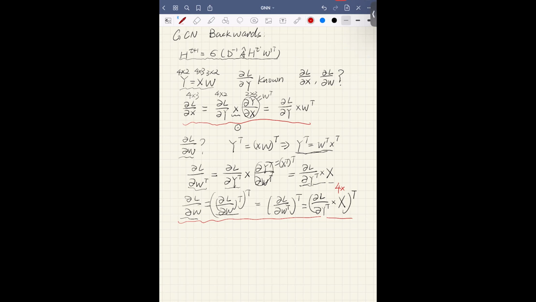X is 4 by 3, and d loss dy transpose will be 2 by 4, and the result shape will be 2 by 3. After transpose, it will become 3 by 2, which is exactly the same shape as the weight term. So now we have finished these parts, and let's start to derive the backward for GCN.